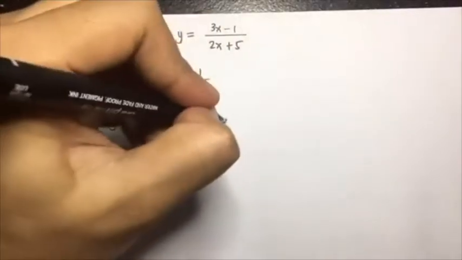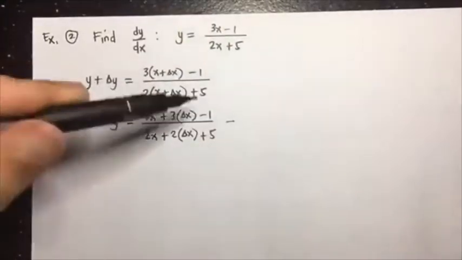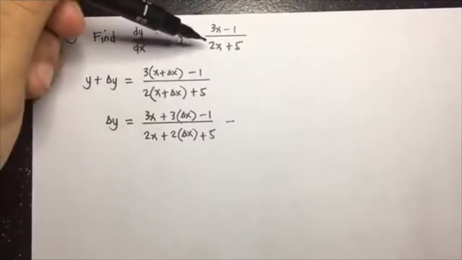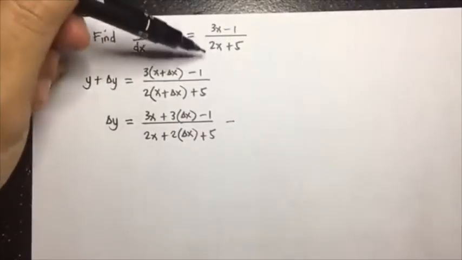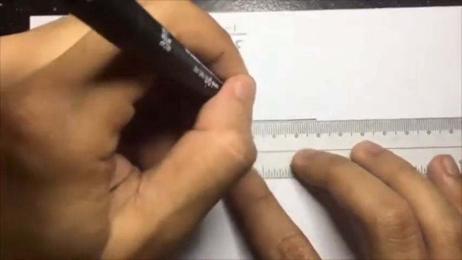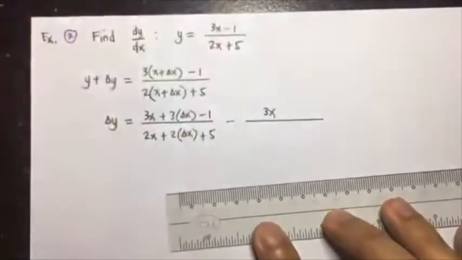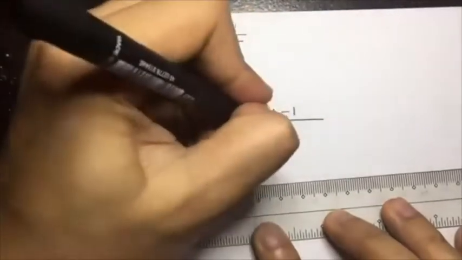Okay, so minus, if we transpose y to the other side, since we already know that y is equal to (3x minus 1) over (2x plus 5), this will now become (3x minus 1) over (2x plus 5).